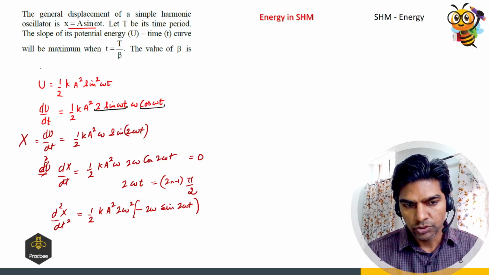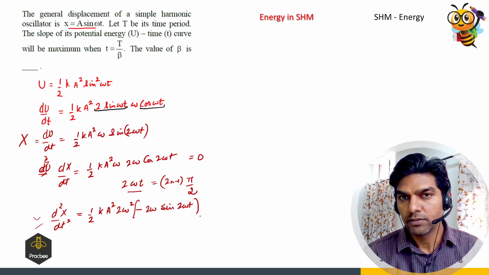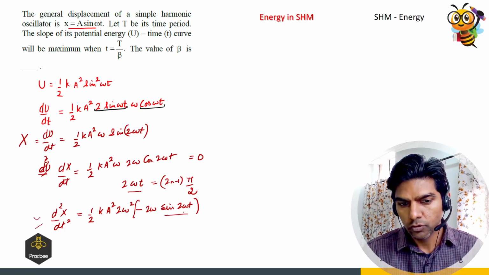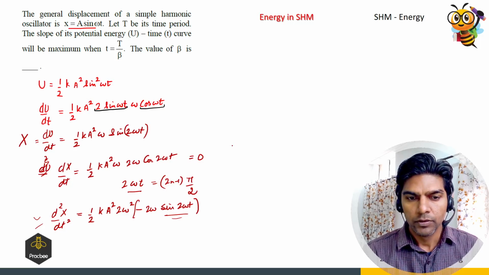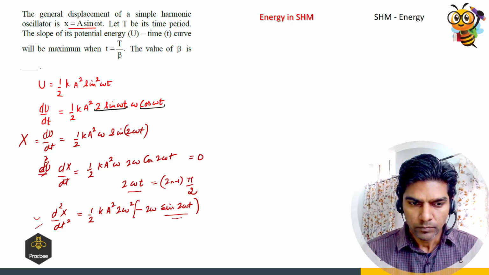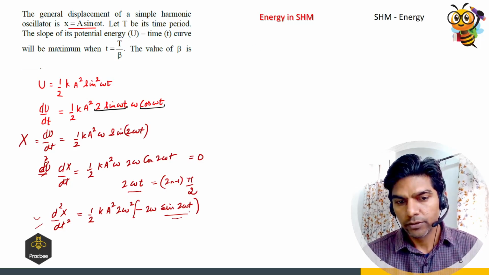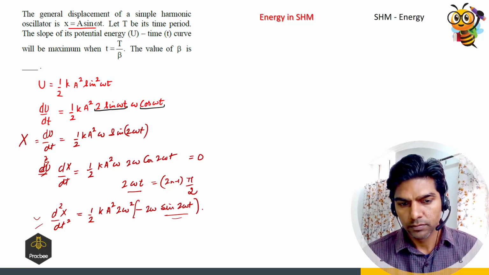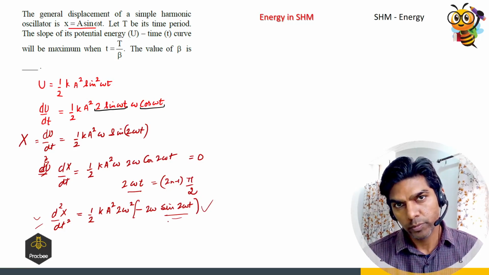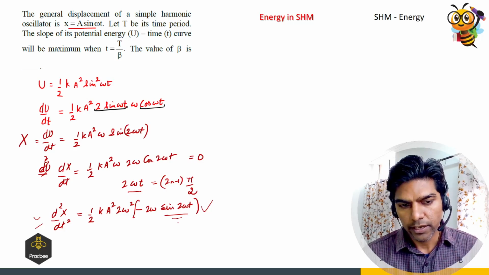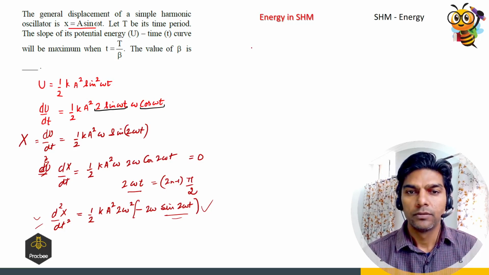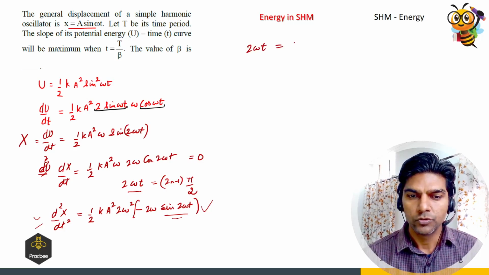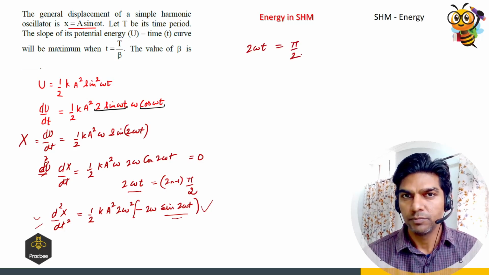Now we have to check at what values of 2 omega t the second derivative is negative. So it means this sine 2 omega t has to be positive. When we take 2 omega t as pi by 2, this second derivative comes out to be negative. If we take 3 pi by 2, then it comes out to be positive. So it has to be pi by 2. So 2 omega t has to be pi by 2 for maximum slope.